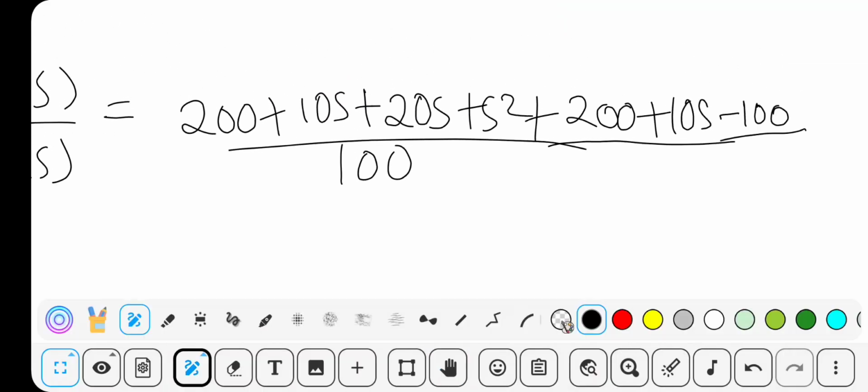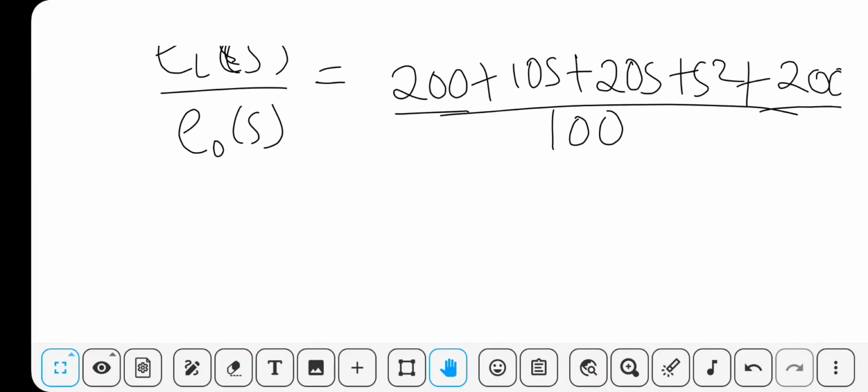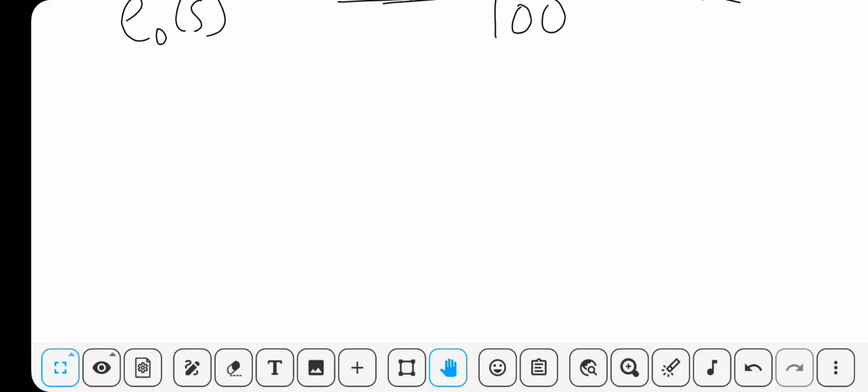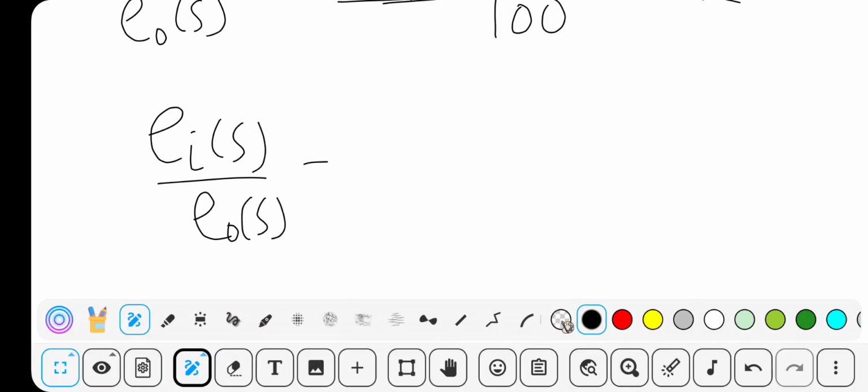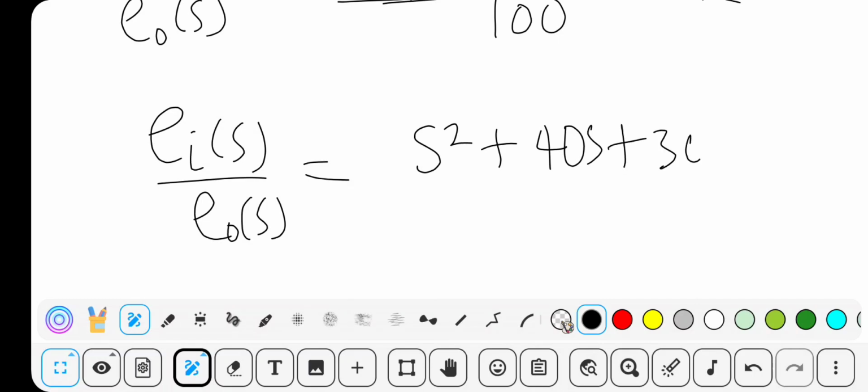So now from here, 200 plus 200 minus 100 is 300, and then 10s plus 20s plus 10s is 40s. So this is now equal to s squared plus 40s plus 300 over 100.